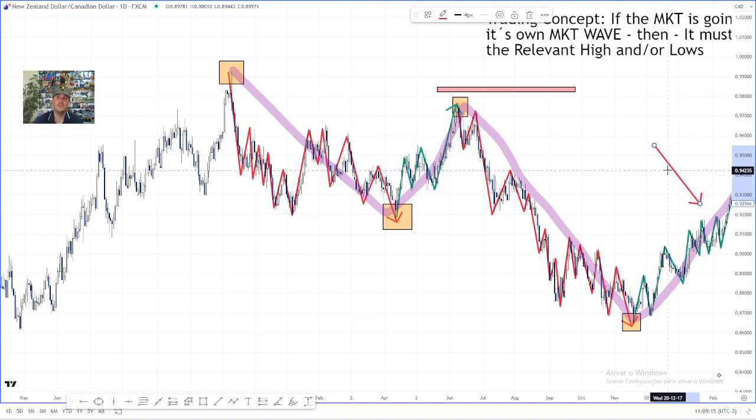If you have this picture that you're looking at right now on the 15-minute chart, or the 1-hour chart, or the daily chart, your analysis as a good analyst, talking to your trader, should be: the long-term view on NZD-CAD is down.